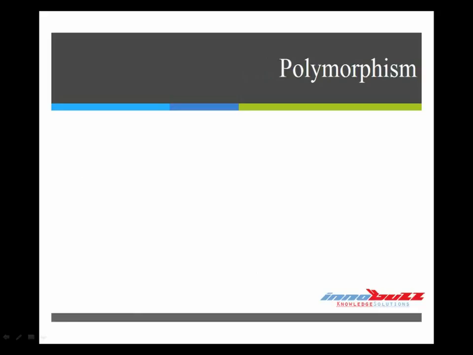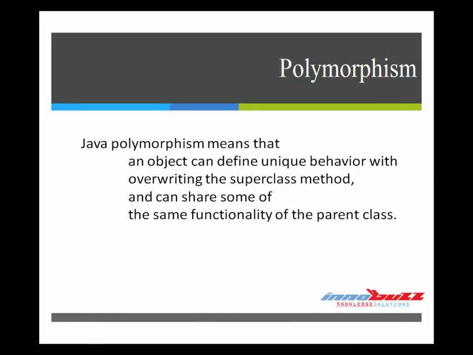The definition of polymorphism refers to a principle in biology in which an organism or species can have many different forms or stages. In object-oriented programming languages like Java, polymorphism means that one object can define unique behavior by overriding the superclass methods and can share some of the same functionality of the parent class.